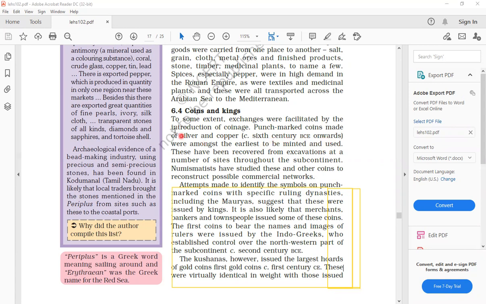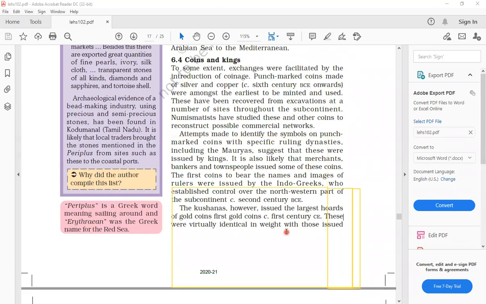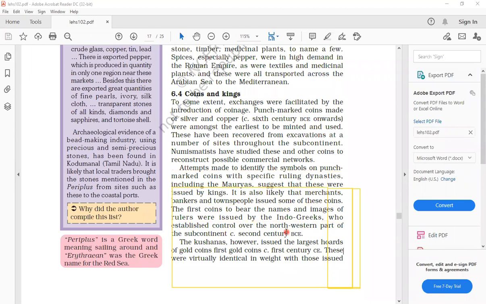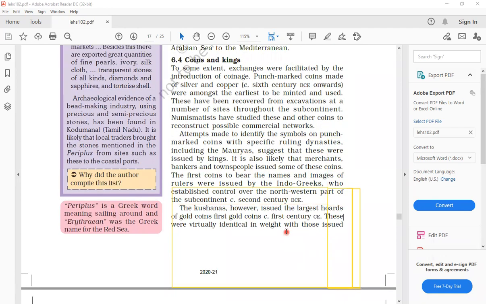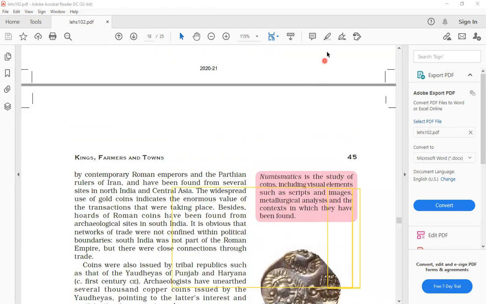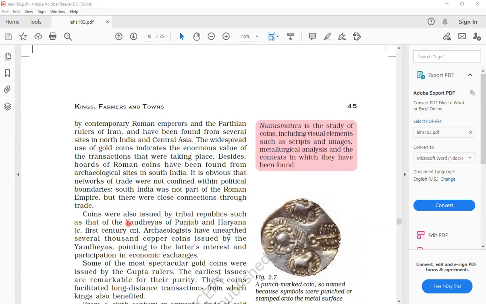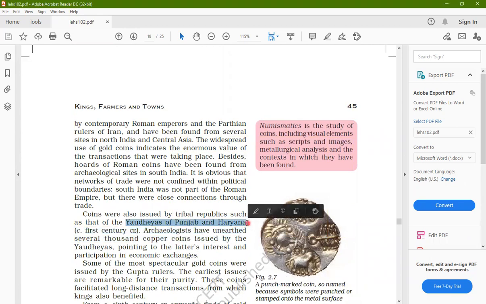Earliest to be minted were the punch marked coins, and the first coins to bear the names of kings were those issued by the Indo-Greeks. Then by the Kushanas, it was the first gold coin, and some coins were also issued by the tribal republics, the Yaudheyas of Punjab and Haryana. This you can see here, the 1st century.